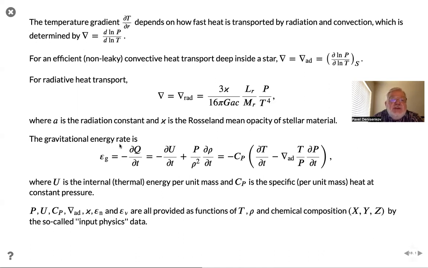So now the gravitational energy rate, which is included in the previous equation, epsilon sub g, can be calculated using, again, thermodynamic equations. By definition, this is minus dq/dt, where q is the heat that we supply to a fluid element, and the rate with which the fluid element releases the heat, therefore it comes with minus sign, is included in the gravitational energy source.